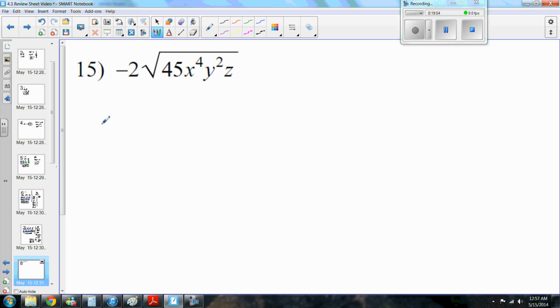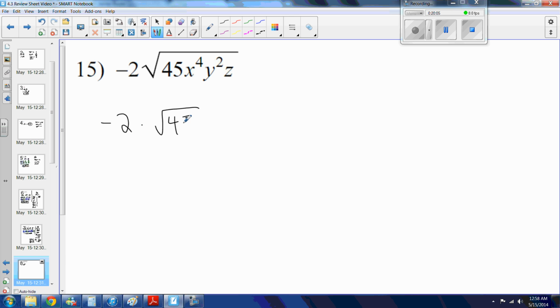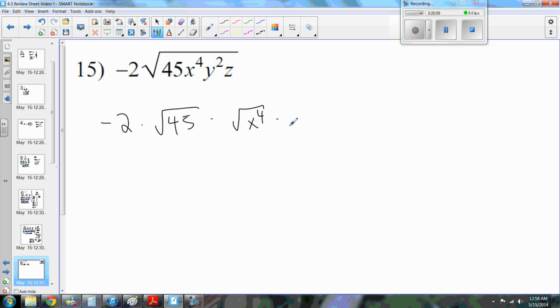Last one like this. I believe that's the last one like this. Yes. So we have negative 2 times root 45 times root x to the fourth times y squared times z. We know all our results here very quickly, so I'm going to buzz through this one.